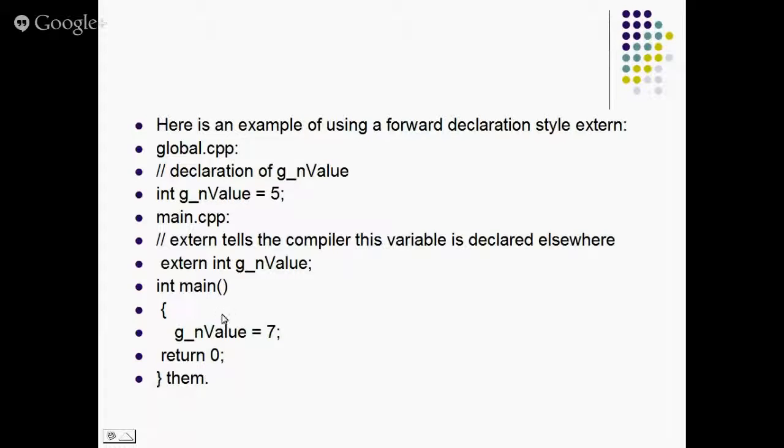If you say this in main, we can just change the value of gn value to 7, and any other program can actually change the value or even access the value. So anywhere else, apart from main, in any other block, if you just say cout gn value, you will get the changed value of gn value.